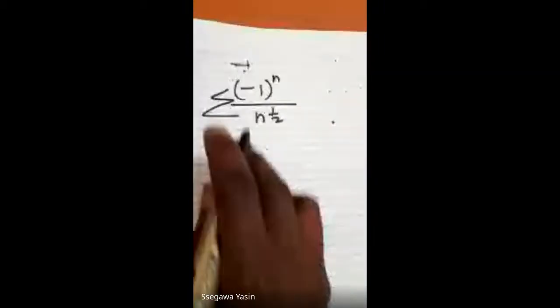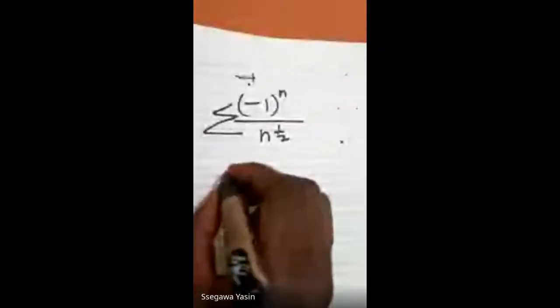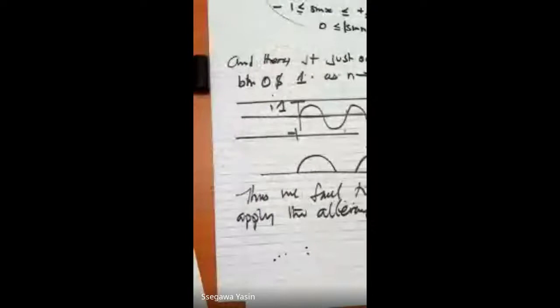Now you see this, I was to just apply AK. The conclusion, number 4: we cannot apply the alternating test. Reason being, the sign vibrates, so it doesn't increase or decrease.